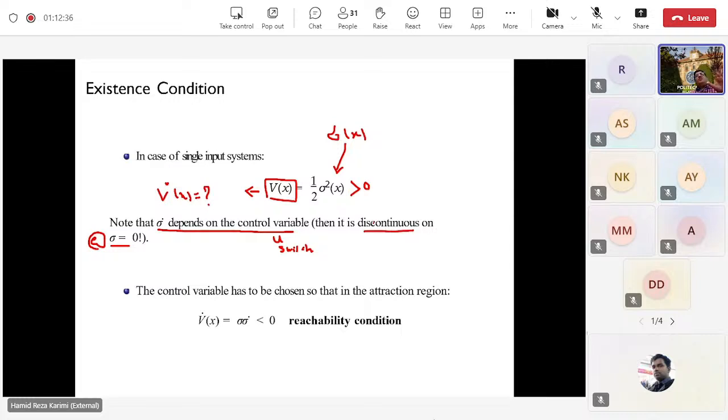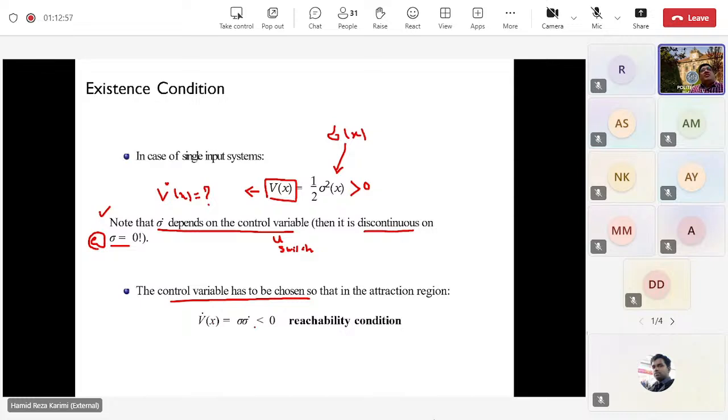We need to keep this in mind. But if you want to take the derivative, the control variable has to be chosen such that the attraction rate of V dot(x) relation should be satisfied.